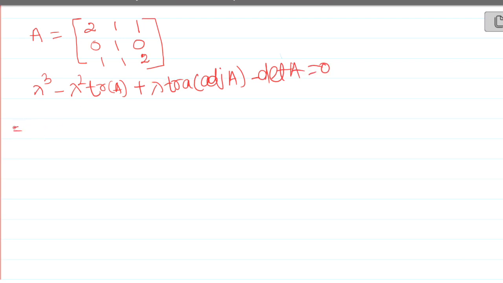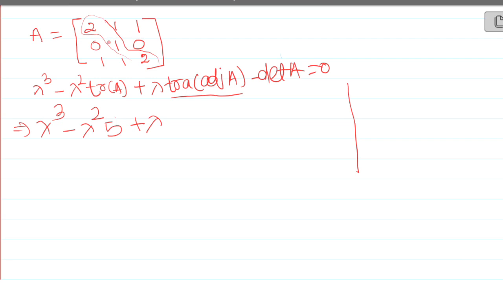Here you can calculate: this is lambda cube minus lambda square trace of A. Trace of A is the sum of the principal diagonal elements, that is 2 plus 1 plus 2, that is 5, plus lambda. Now trace of adjoint A you can calculate easily by eliminating the first row, first column like this.